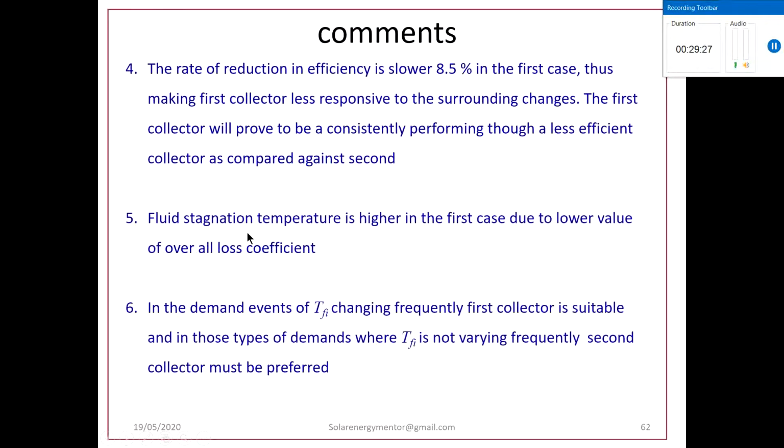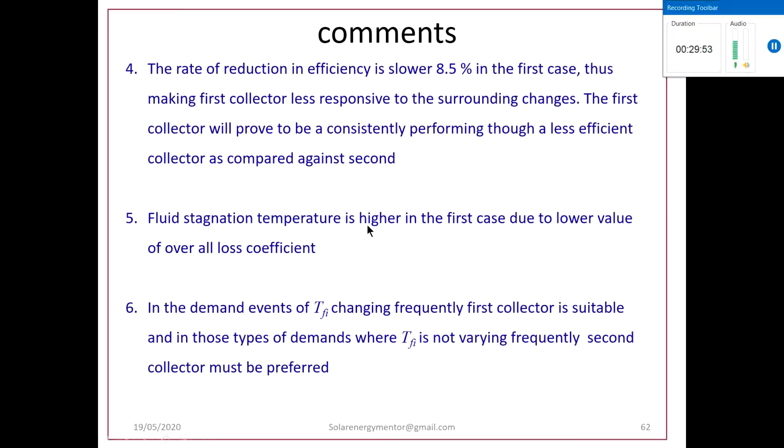Now, the rate of reduction in efficiency is slower, that is 8.5% in the first case, thus making the first collector less responsive to the surrounding changes. So the first collector will prove to be consistently performing, though a less efficient collector as compared to the second.